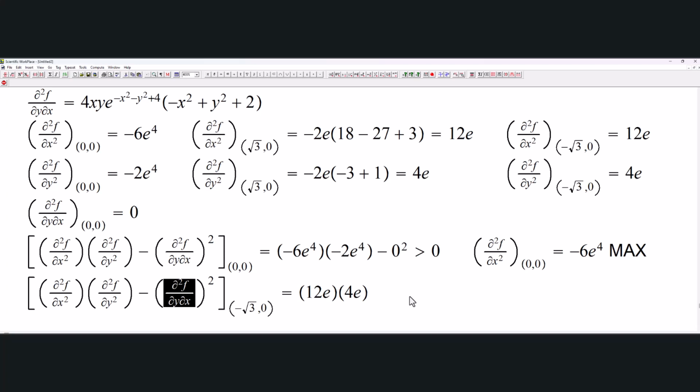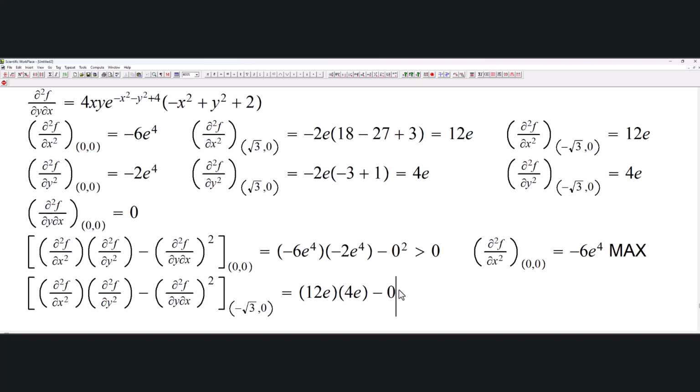I didn't calculate this quantity at the other places, but still notice this: since y is 0 at these places, that will become 0 here as well.